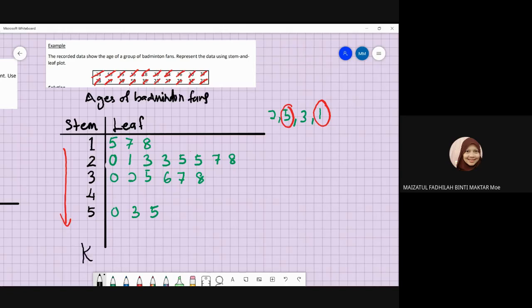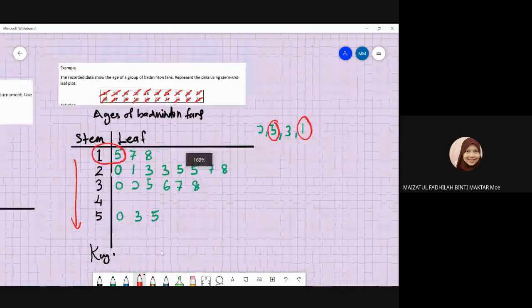If you see the keyword key below here, you just see what is the unit on the first row there. If you read the steps that I gave you, the key indicates the unit for the stem and leaf. You just see the first value that you have on the table. From this one you can see the first number on the first row is 1, 5.